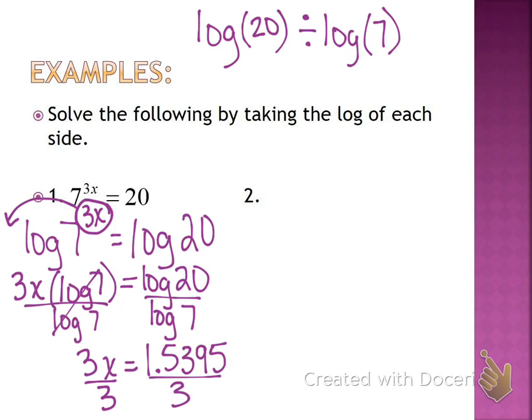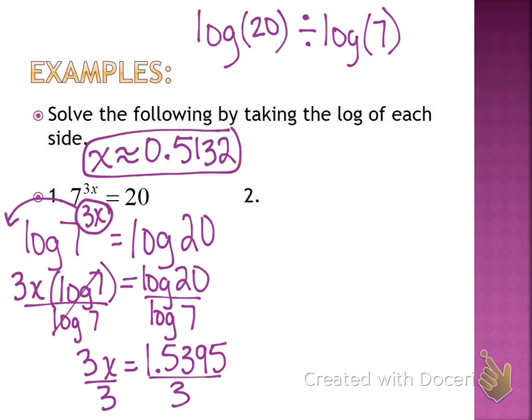So again, if I'm doing this in my calculator, I would just leave that number on my screen and press the division button right away. So it says Ans divided by. Type in a 3, enter. And what do we get for x? Okay. So I'm fine with 4 decimal places. So 0.5132. So that would be our answer for x on example 1.